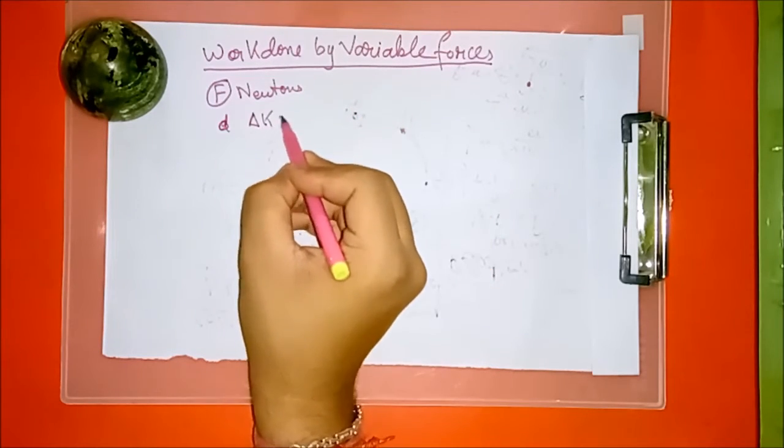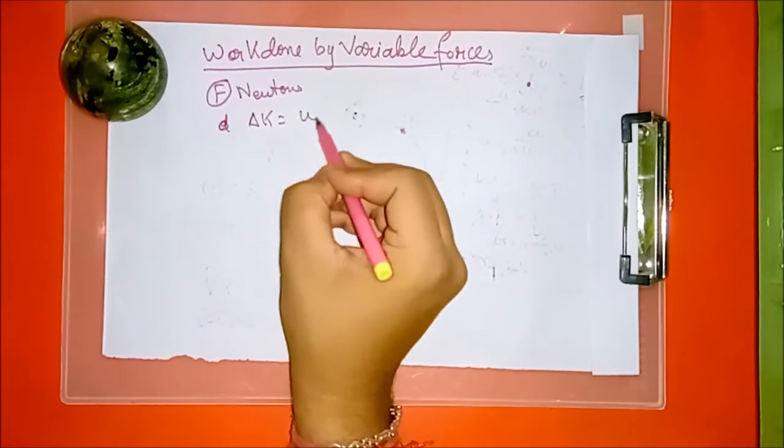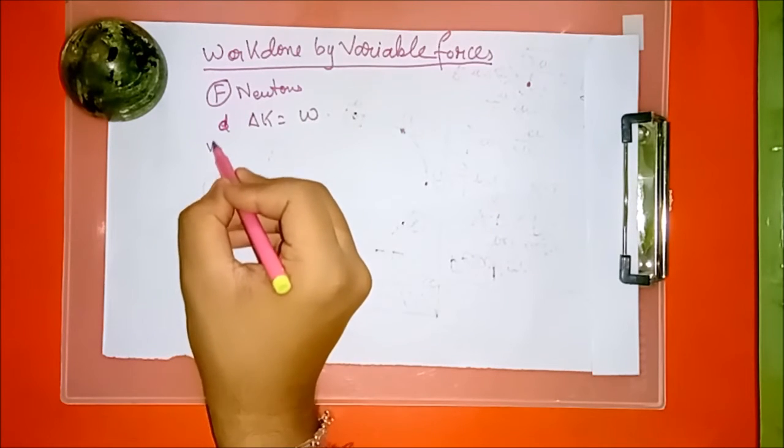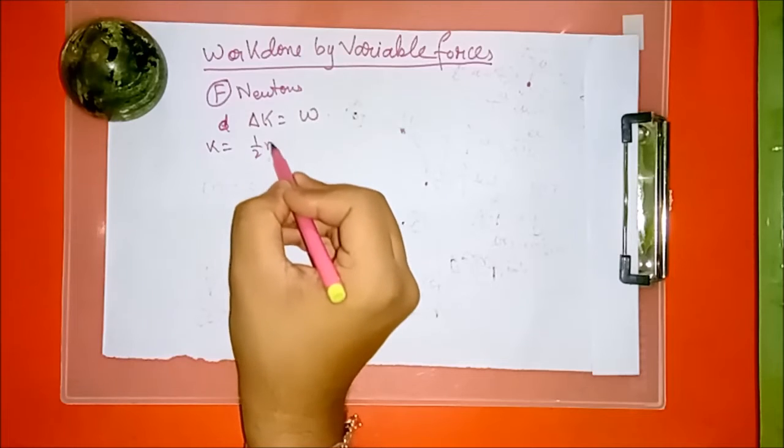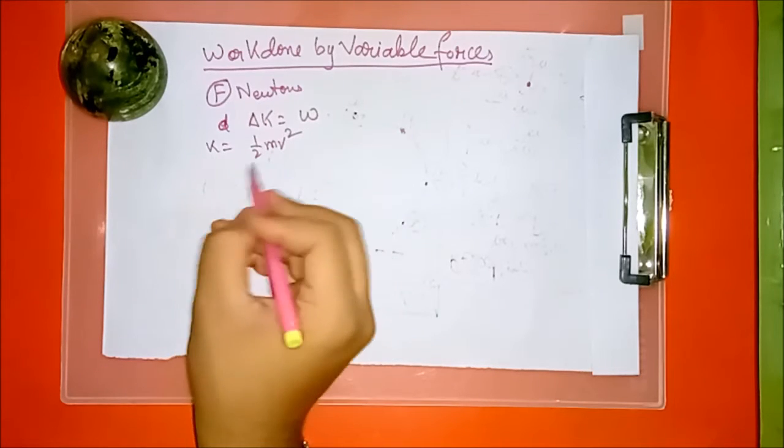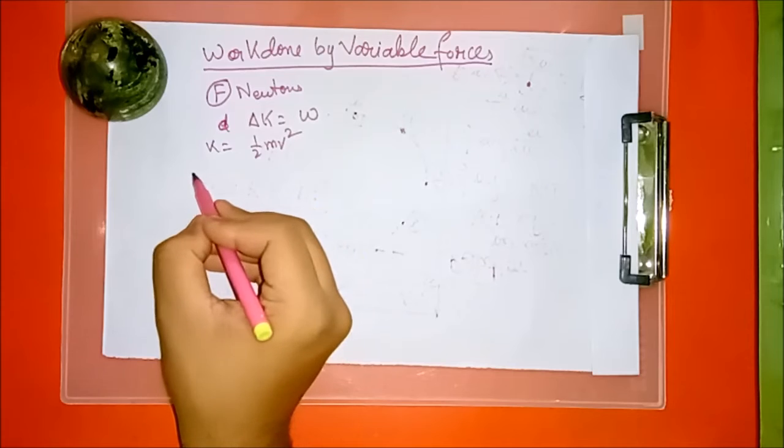Delta K is equals to W. We also know that kinetic energy is equals to half mv square. So if we differentiate both sides with respect to t, what we get?